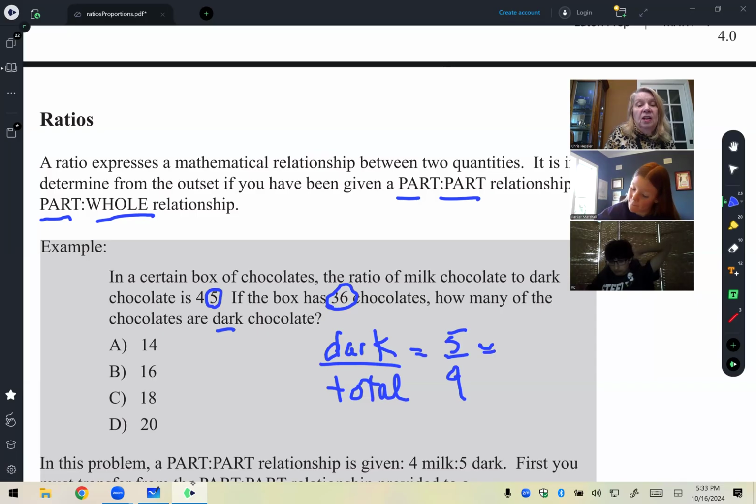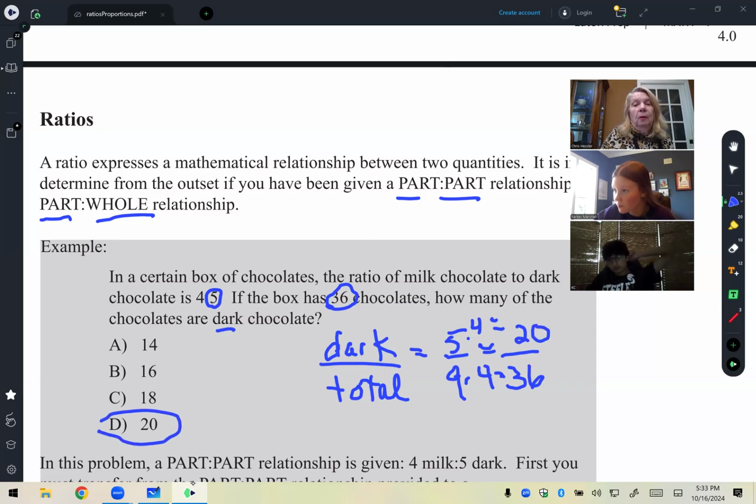And we have 36 total. And so then we can cross multiply or just see we're multiplying times 4. We're multiplying times 4. And so we would have 20. So that's not so bad.